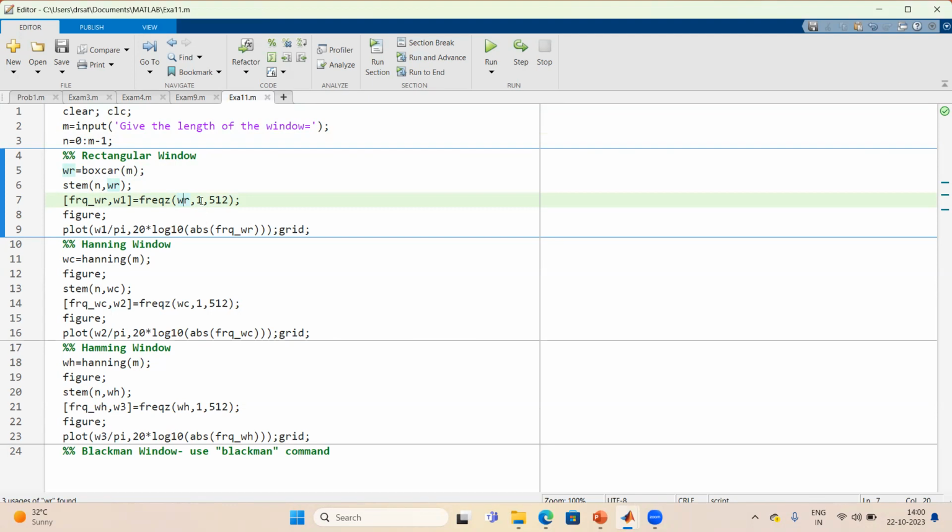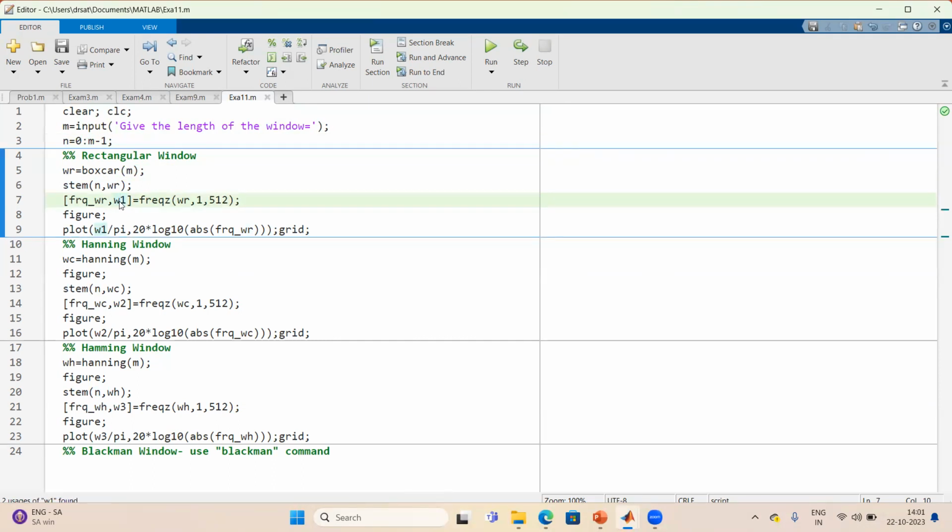Then we write the number 1, and 512, to get the frequency response at 512 equally spaced discrete frequency points. So pi will be divided into 512, and for those 512 equidistant points we calculate the frequency response. The frequency response and the corresponding frequency variable will be saved into W1. This will be our frequency response value, and this will be the corresponding frequency which is going to be saved.